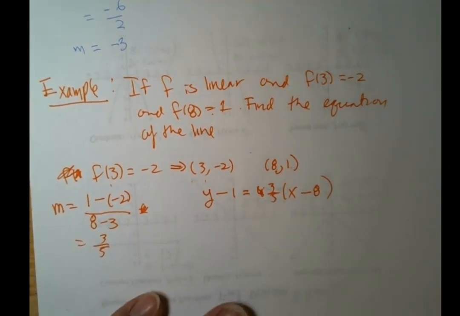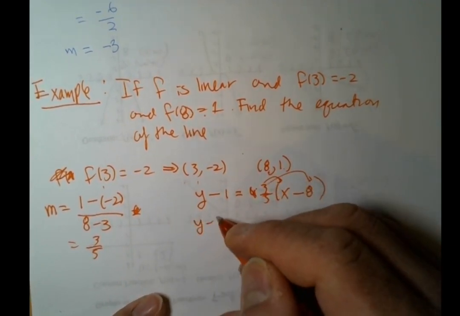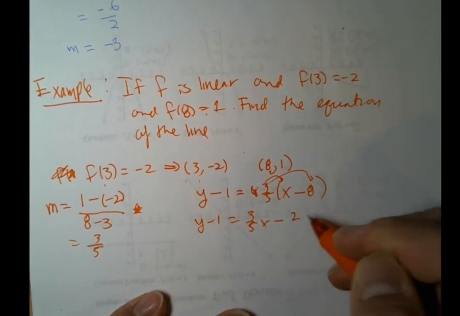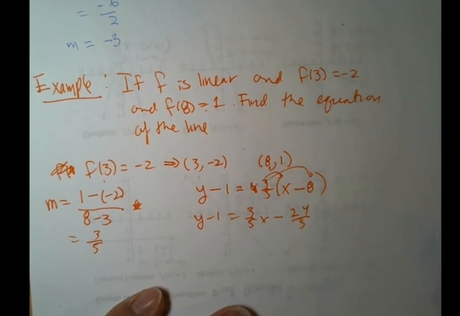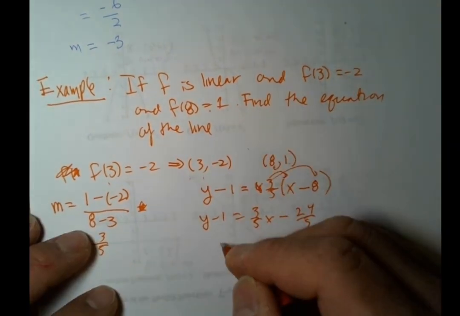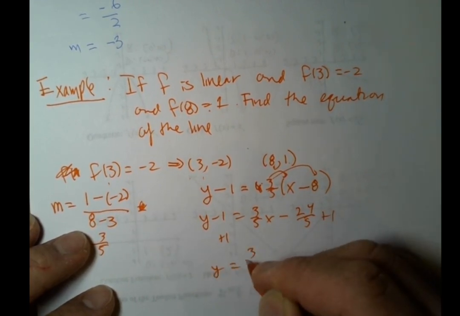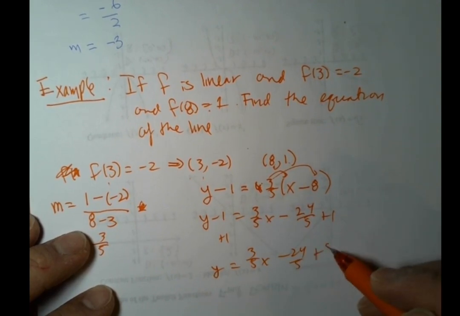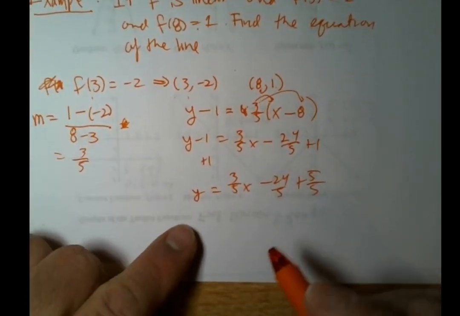Okay. All right, doing a little distributing here. And negative 24 over 5. All right, and now add 1 to both sides. 1 I'll rewrite as 5 over 5, and then combining like terms for my last step here, I'm going to do two things.